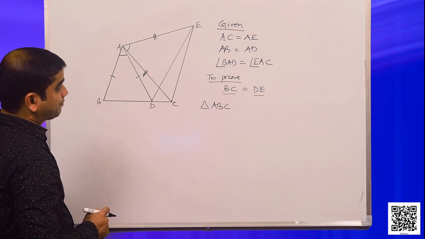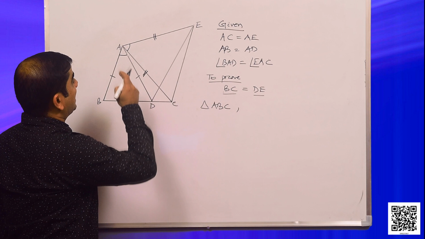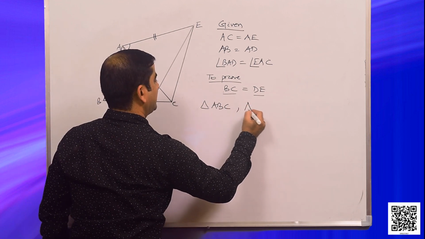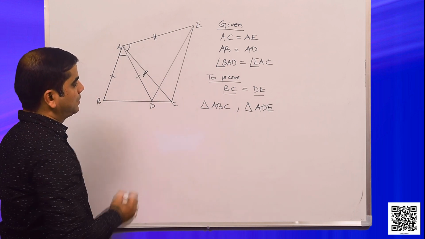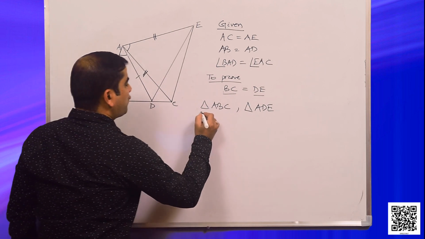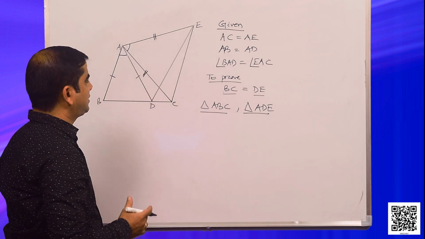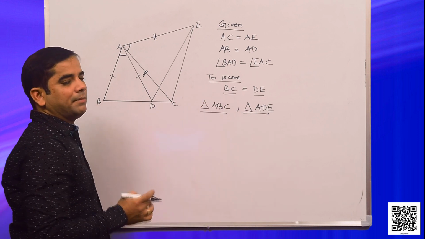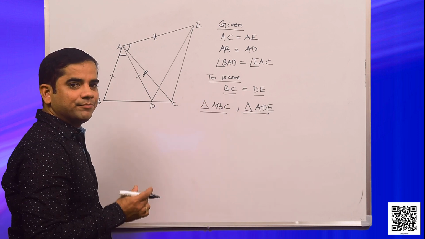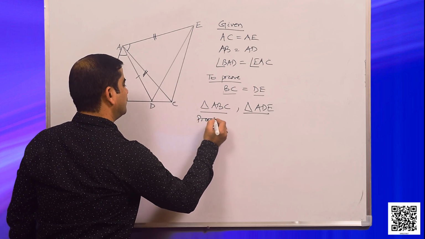Same way, DE is one of the sides of triangle ADE. So, if we can prove that these two triangles are congruent, then it will be proved that BC is equal to DE because they are corresponding sides. So, let us try to prove.